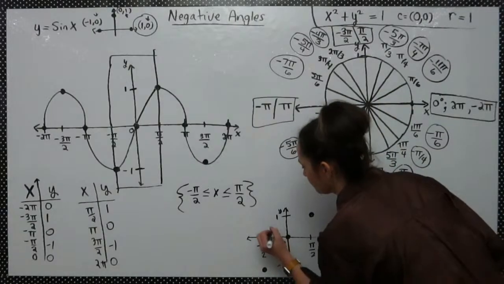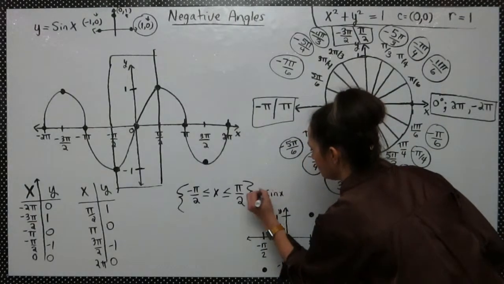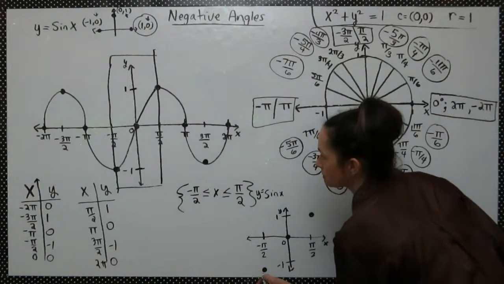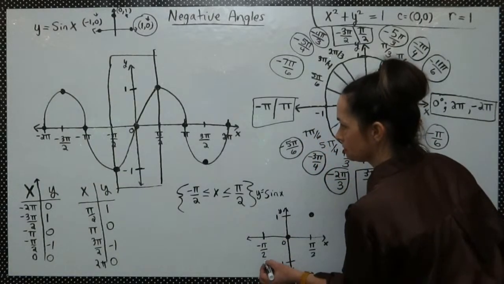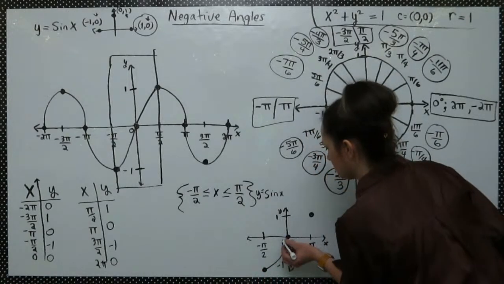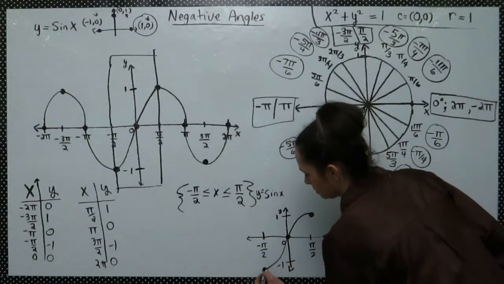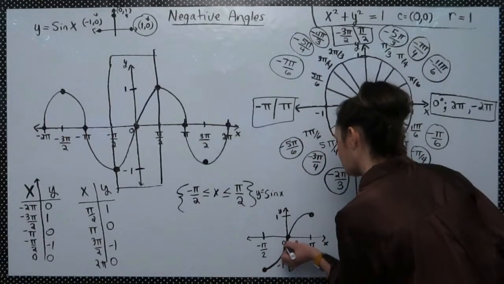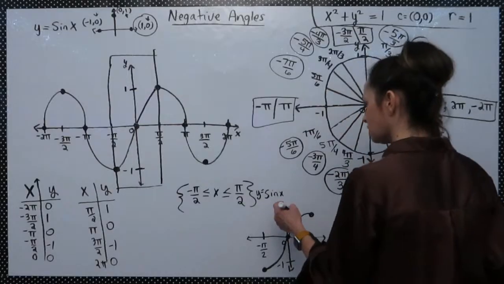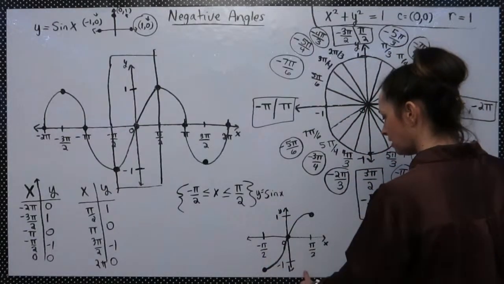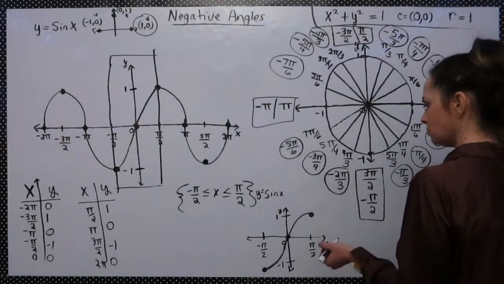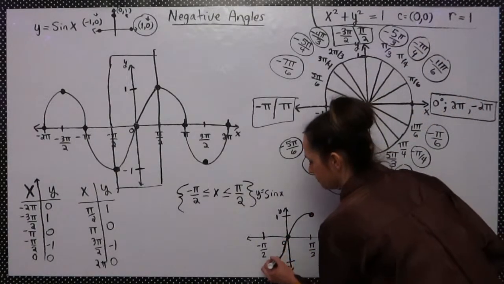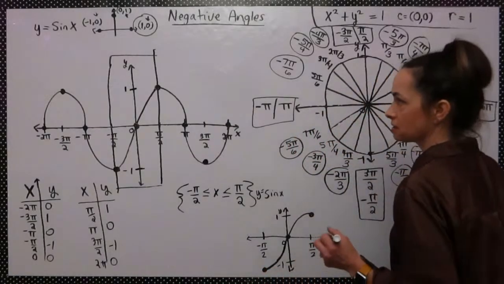So here is sine x, y equals this kind of thing. So we're going to restrict the domain between negative pi over 2 and pi over 2 to draw out the inverse of sine x.